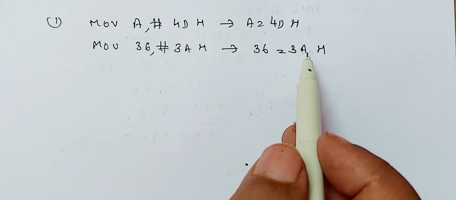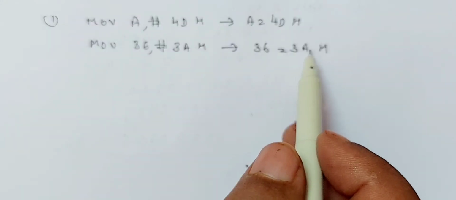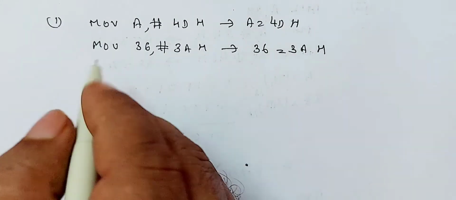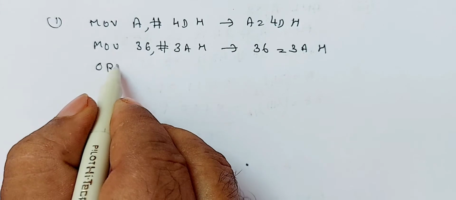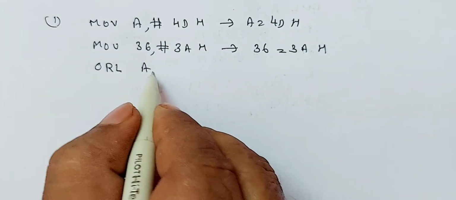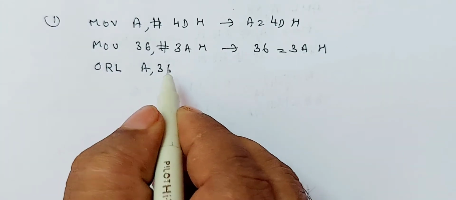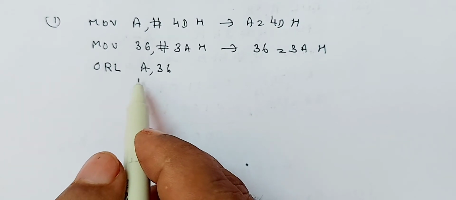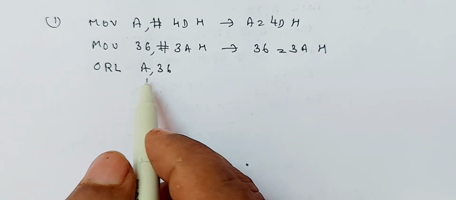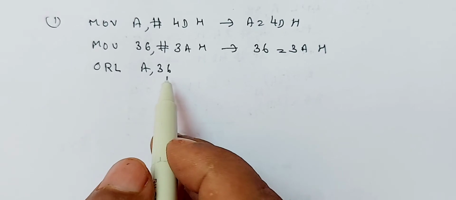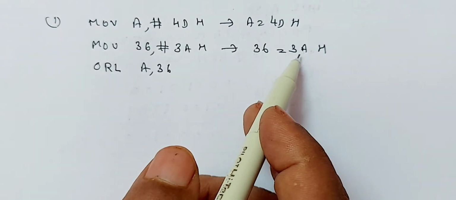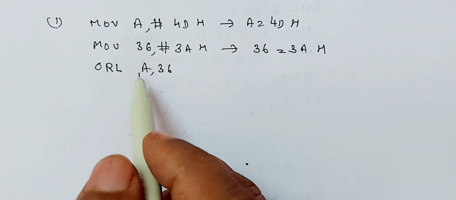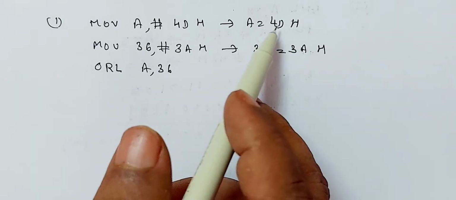Each bit of 3A is ORed with each bit of 4D. For that you have to write ORL A comma 36. Here A must be the destination only. So the content present in 36, that is 3A, is ORed with the content present in A, that is 4D.